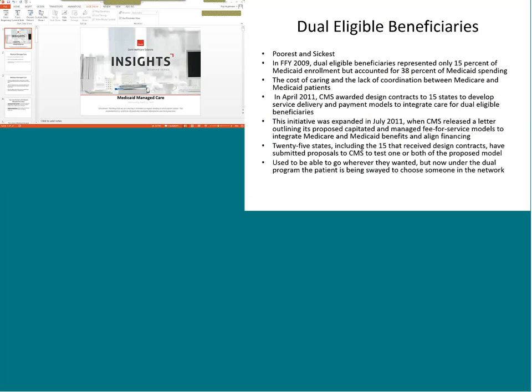One of the big issues that has come up recently is the dual eligible beneficiaries, and CMS has been striving to combine these programs of Medicaid and Medicare, and they've come really close to implementing it.